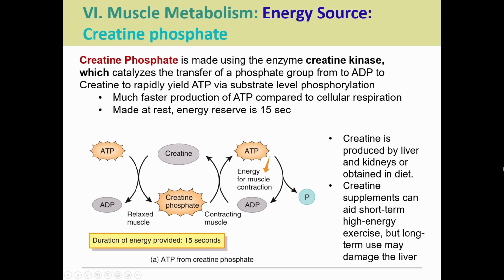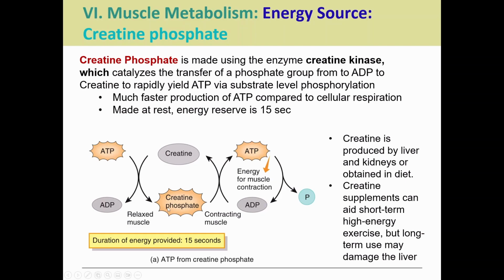So let's start with the creatine phosphate pathway. This is using the enzyme creatine kinase. If we look at what we are doing here, we have creatine coming from the liver. Creatine supplements also can be used to artificially increase this, but you shouldn't use that all the time. It's not really healthy to overuse supplements like that. But what we see is when we have that creatine, we can use ATP to create creatine phosphate.